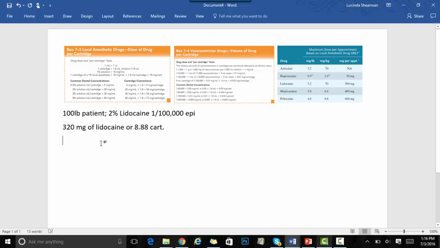So if our patient can have 8.88 cartridges and each cartridge has 0.018 milligrams of vasoconstrictor, then that is a total of 0.159 milligrams of epinephrine. For a healthy patient, the MRD is 0.2 milligrams, so this patient is limited by the anesthetic drug, not the epinephrine.